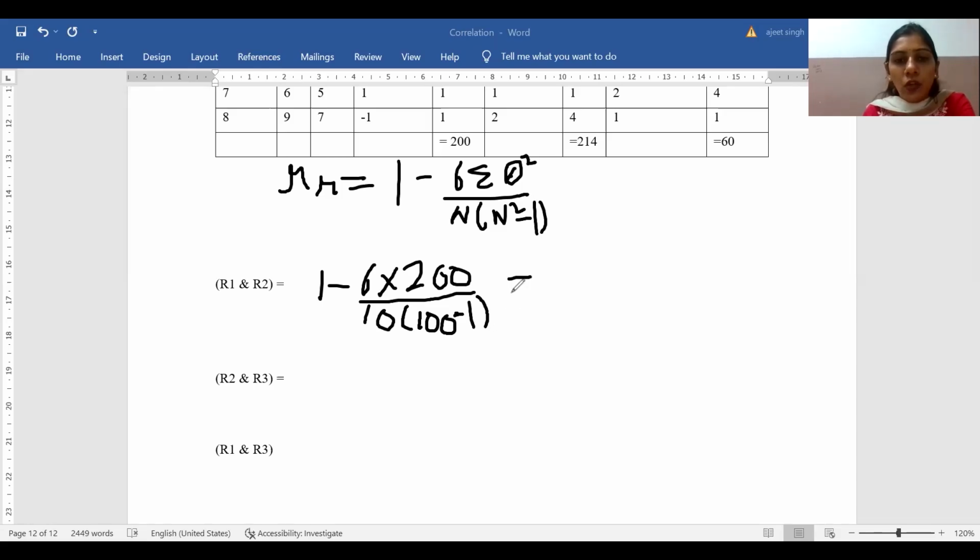Okay. Now solve this further: 1 minus 1200 divided by 10 into 99. 100 minus 1 is 99 basically.